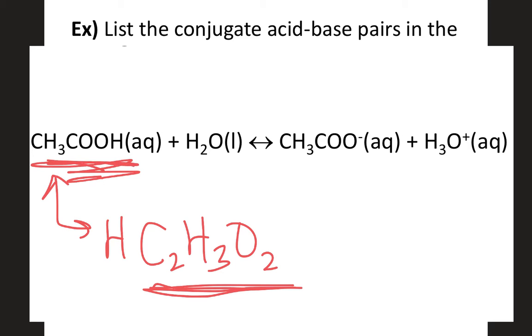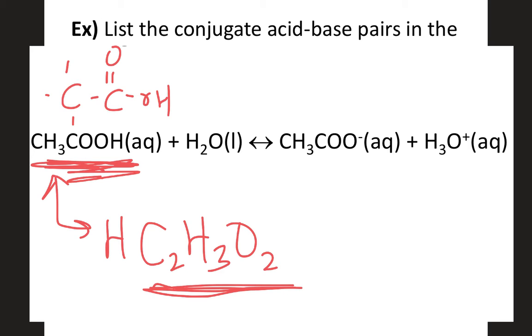Writing it organically tells me I have this methyl in front of another carbon that has this carboxylic acid group. I can tell that very quickly from the way it's written out, and that's the way IB likes to write things. But it can make it a little hard to think about in terms of acids and bases.